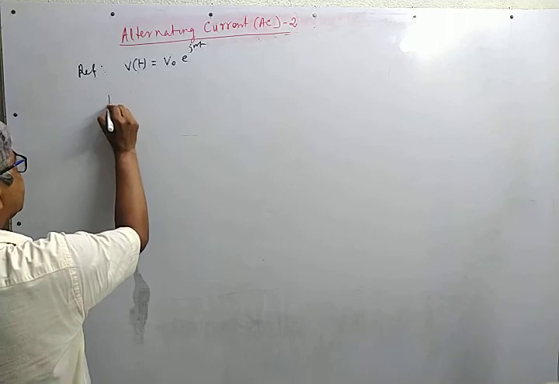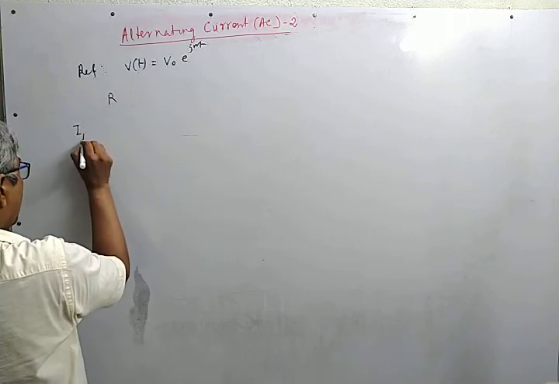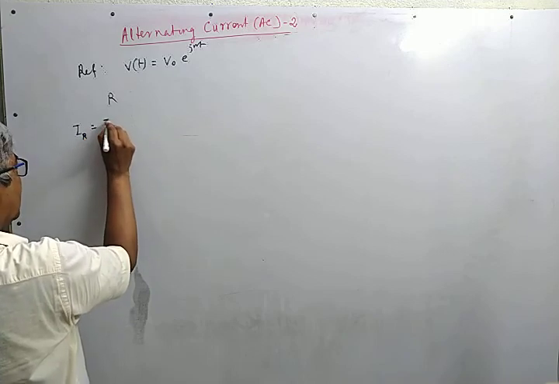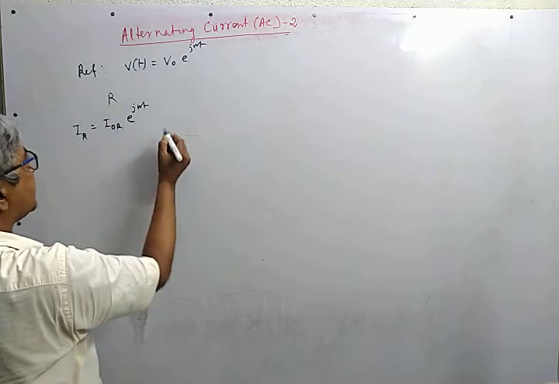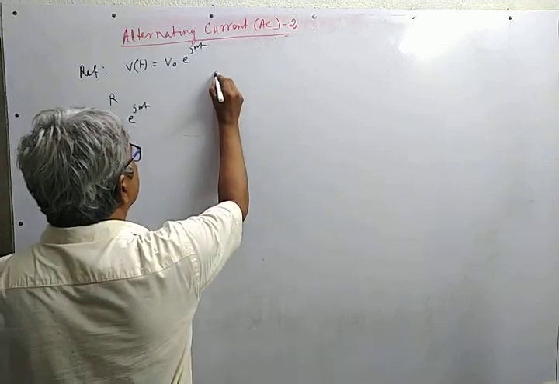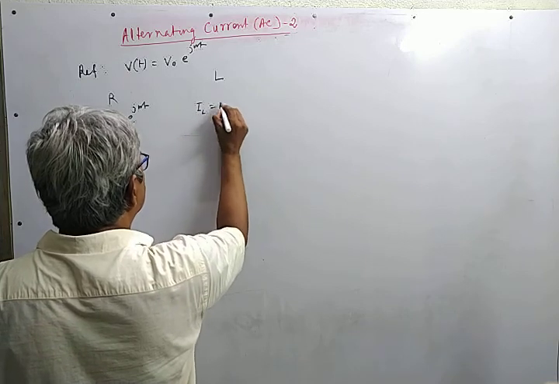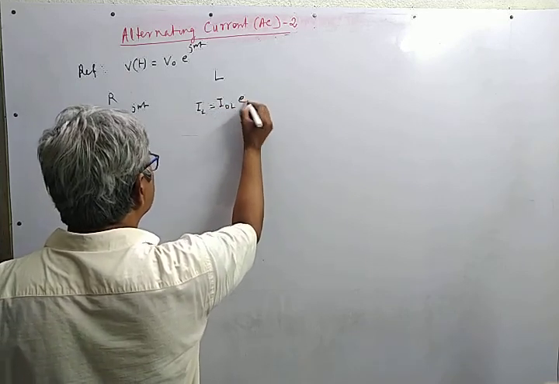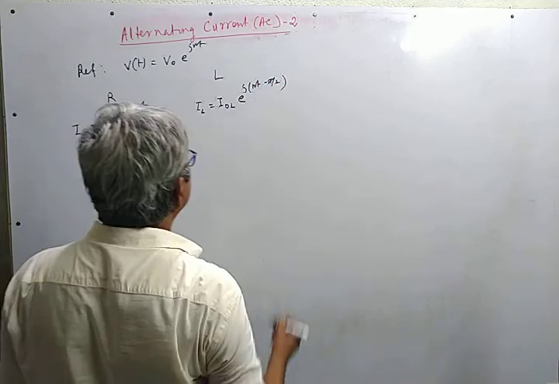find that for resistance it is IR equal to I0R e to the power j omega t. For inductor it is IL equal to I0L e to the power j omega t minus pi by 2.